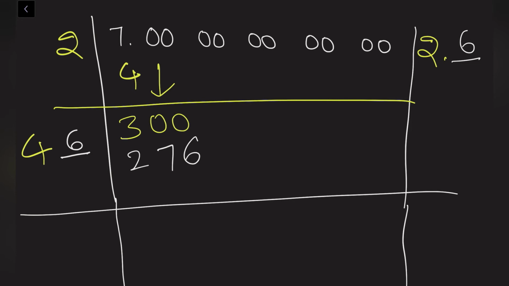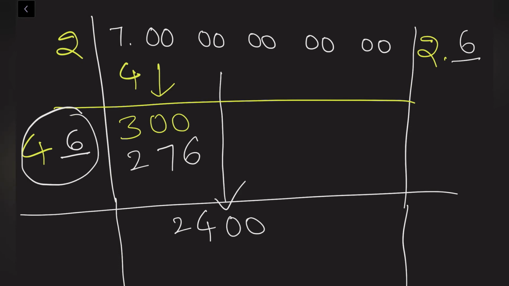Do subtraction of it. 300 minus 276 is nothing but 24. Now again drop 2 zeros at a time, it will become 2400. This total number 46 plus the newly written digit 6, 46 plus 6, 52.